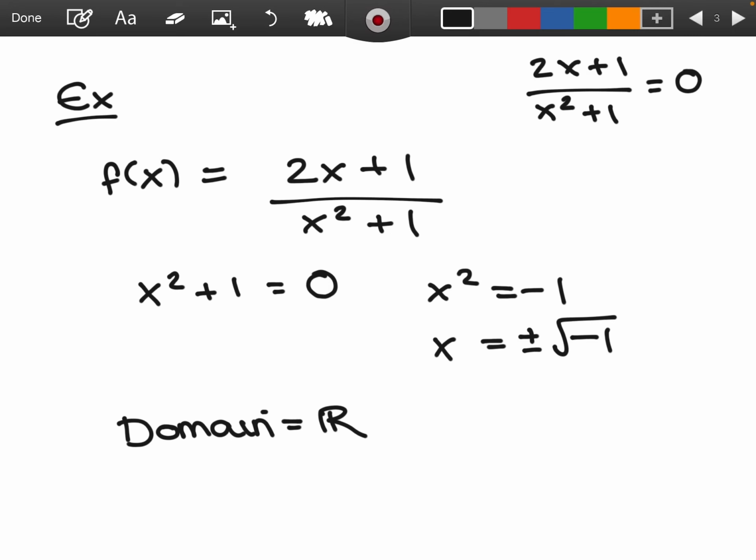Where does this function equal 0? Well, it only ever equals 0 when the numerator equals 0, because that would then be 0 divided by whatever it might be, equals 0. That's the only way that I can get 0. So that's the same thing as saying 2x + 1 equals 0, which would mean that x would equal -1/2. So that would be the x-intercept for that particular function.